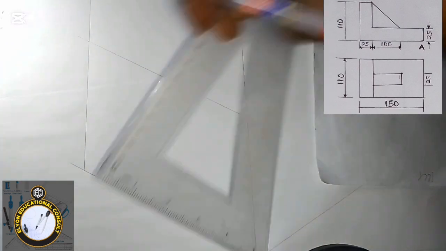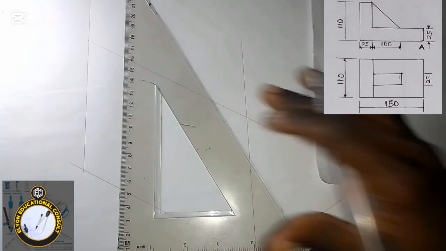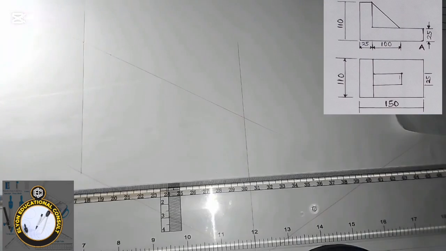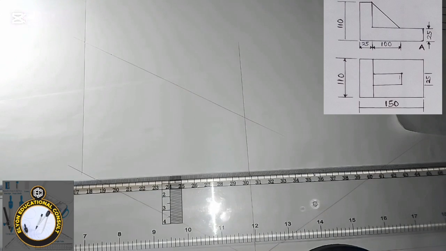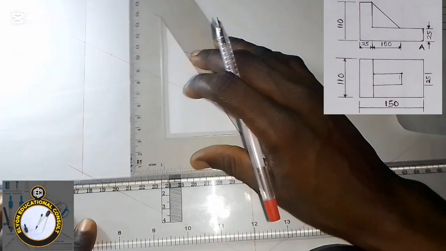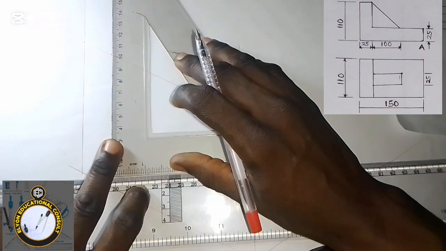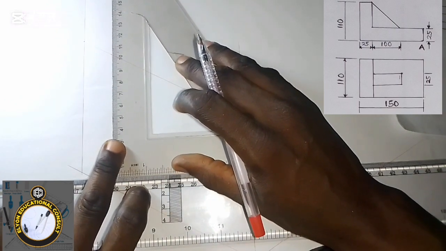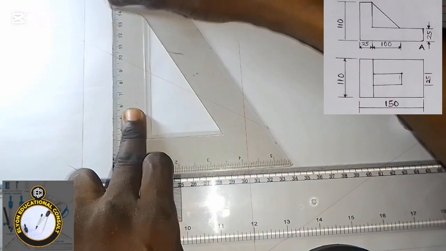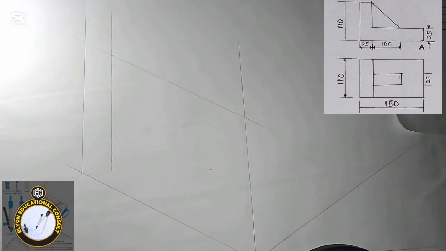So I'm going to be having a vertical line. I have a vertical line from that part. All lines should be thin at first.